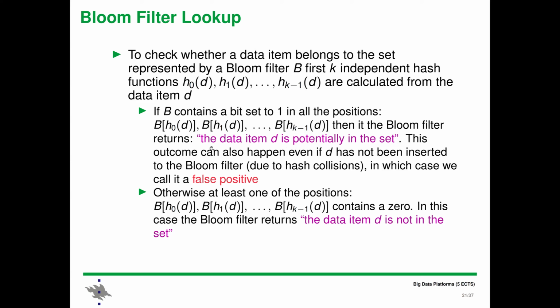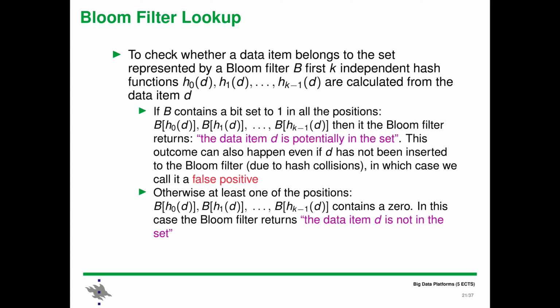Okay, and now this makes the data structure probabilistic because, if it's a very large Bloom filter and we haven't added many items to it, then there are only very few ones in that Bloom filter.